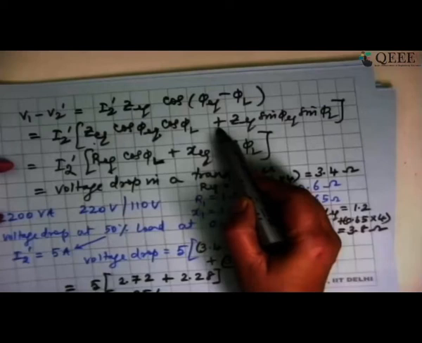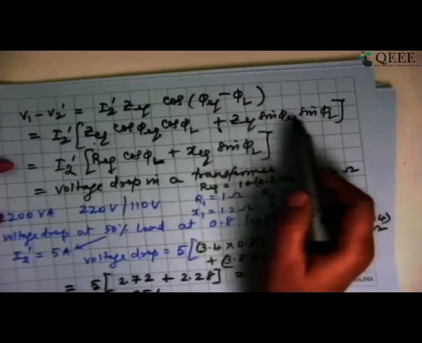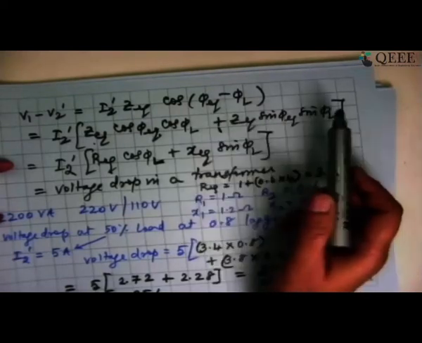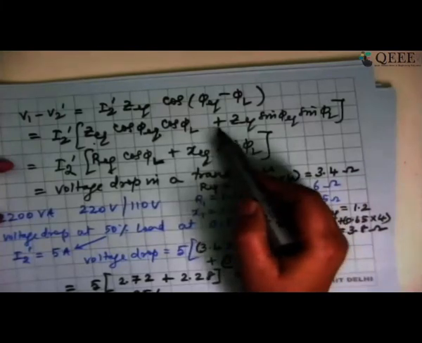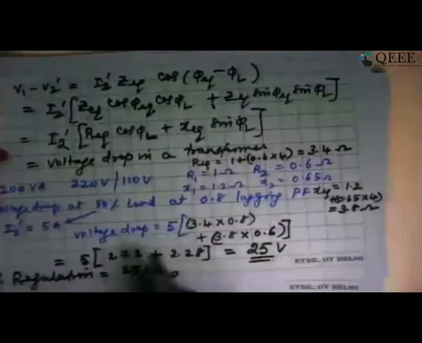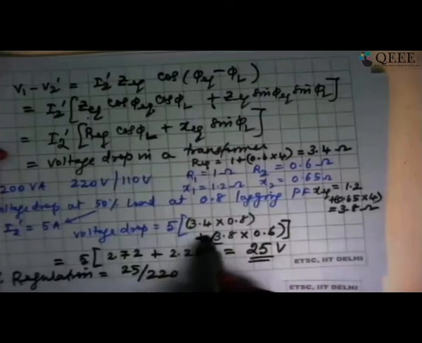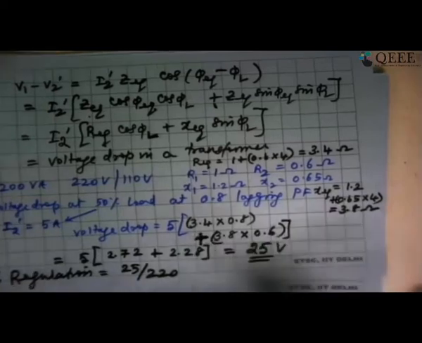It will not be plus always. If it is lagging power factor load, it is plus. If it is leading power factor load, it will be minus. So that is the reason why the regulation value for lagging and leading power factor loads will be different. In one case, it will be plus. In the other case, it will be minus.